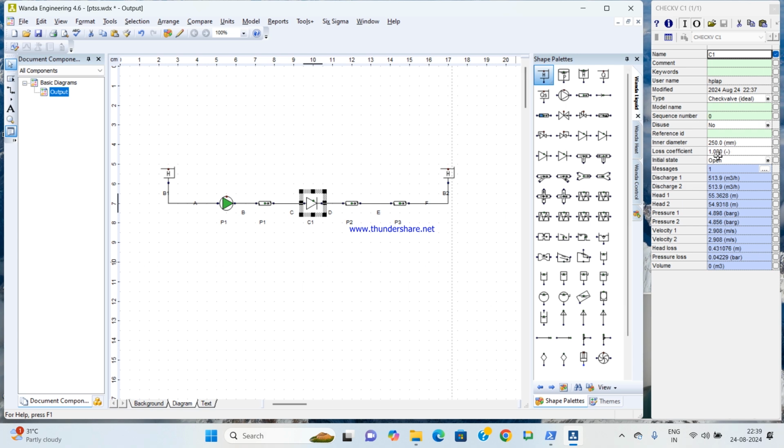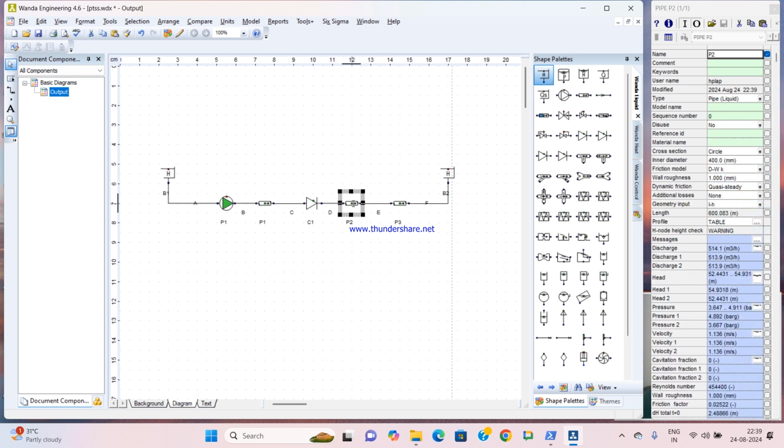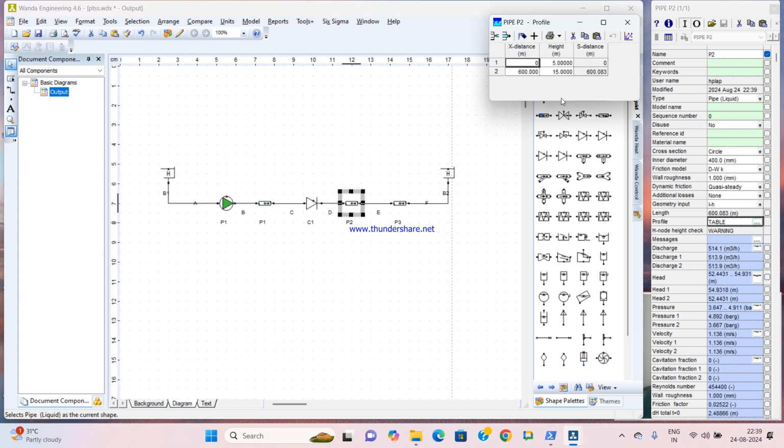So that dia is 250, and the loss coefficient is given as 1. Arbitrarily I gave. Now I am using two pipes. So this pipe, the geometry is given here. This is the profile, that also arbitrarily I gave. So at 0 distance it is 5, and at 600 meter the elevation is 15. Just I am creating one arbitrary profile to understand the surge.